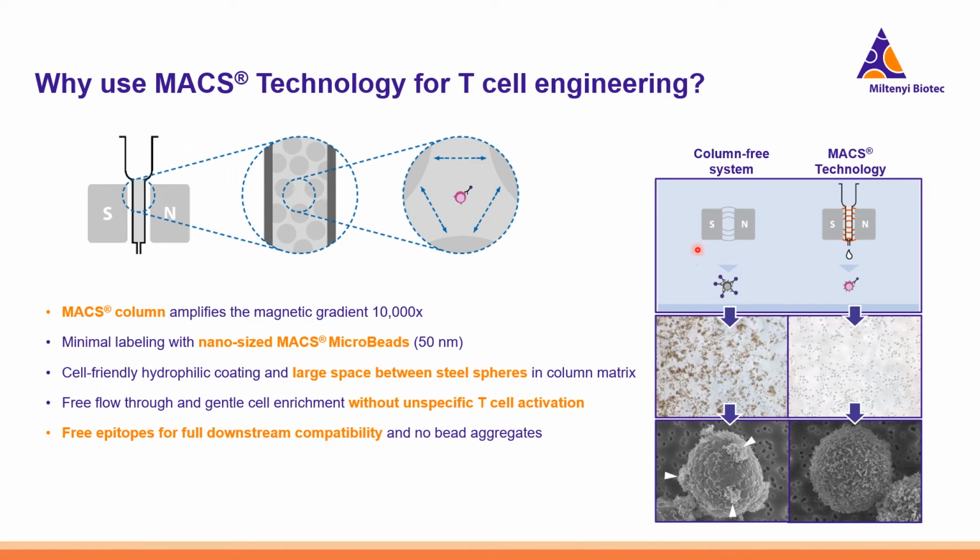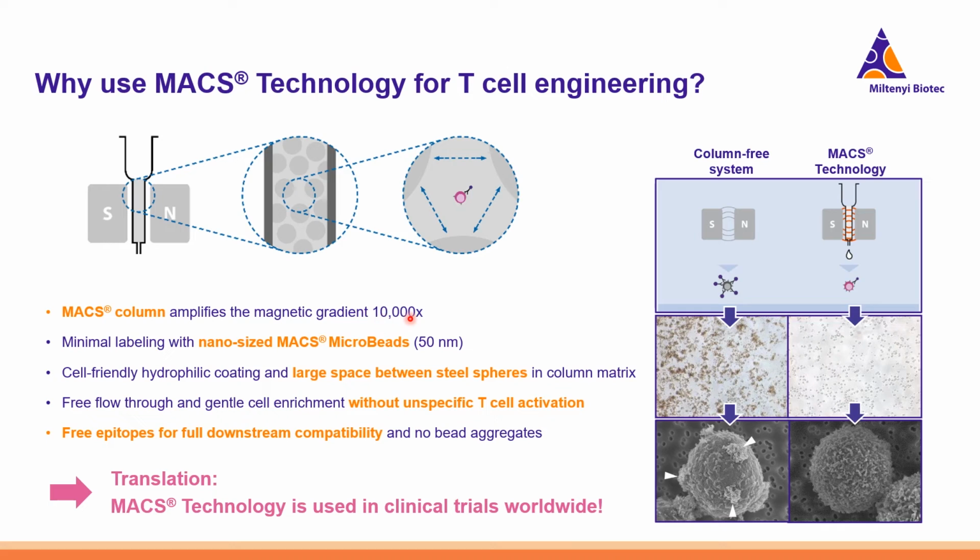And if we take a look at the electron microscopy images here, comparing a column-free system versus our MAX technology, you can clearly see the bead aggregates on the surface of the cells if you go for a column-free system, whereas cells isolated with the MAX technology, due to the minimal labeling, look really natural and healthy. And taking all these benefits into account, it becomes clear why our MAX technology, our column-based technology, is already used in clinical cell therapy trials worldwide.